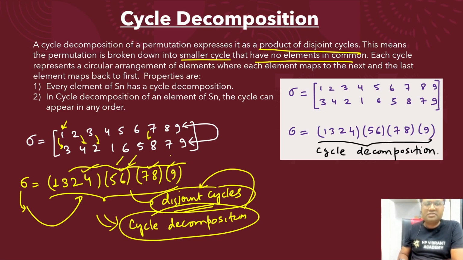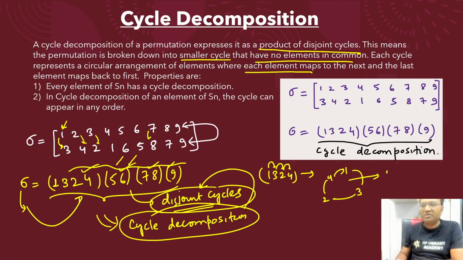Each cycle represents a circular arrangement of elements where each element maps to the next and the last element maps to the first. Let us take this cycle (1 3 2 4). 1 maps to 3, 3 maps to 2, 2 maps to 4, and 4 maps to 1.